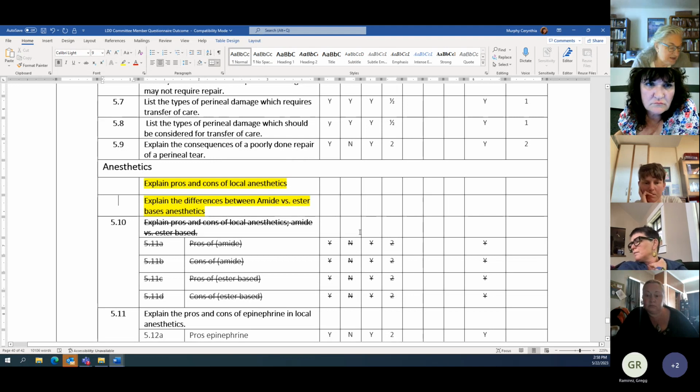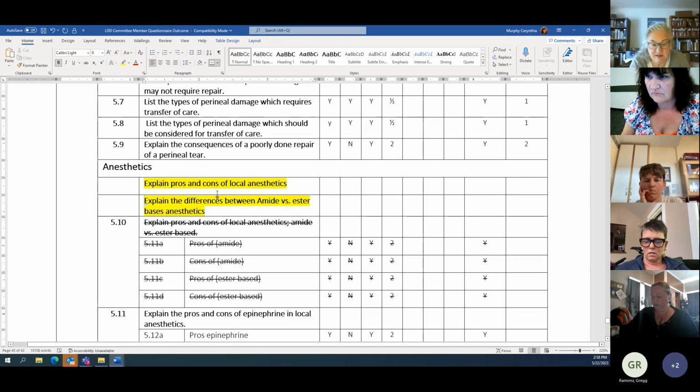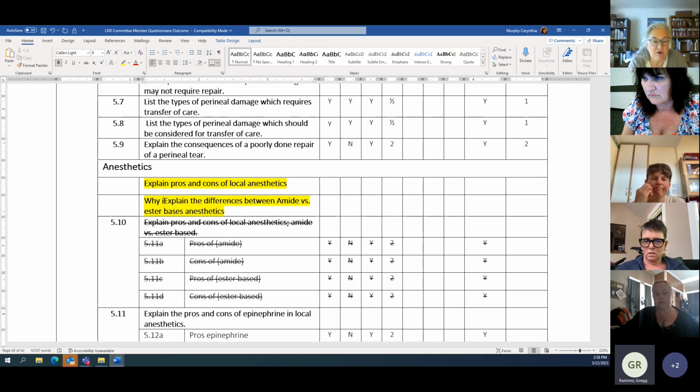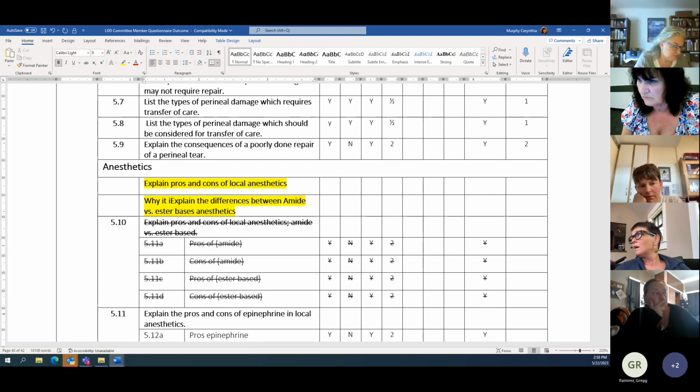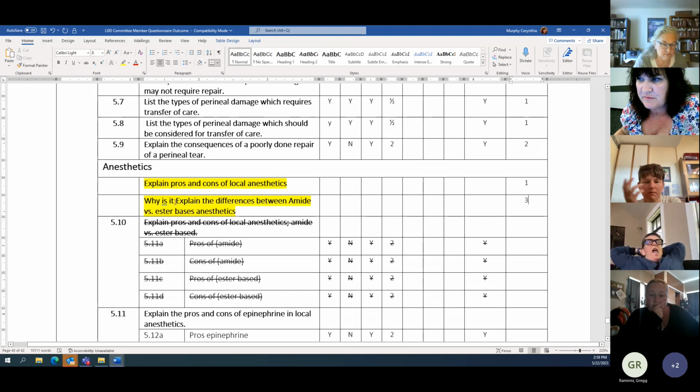So it needs to be at least 2 questions, one of which is explain the pros and cons of local anesthetics, and the other is, if we decide to include it, why is it important to know the difference between an amide and an ester-based drug. I would do a 1 and a 3 personally, for those 2 divisions. So a 1 on explain the pros and cons of local anesthetics, and then a 3, no question on the why or explaining the differences.